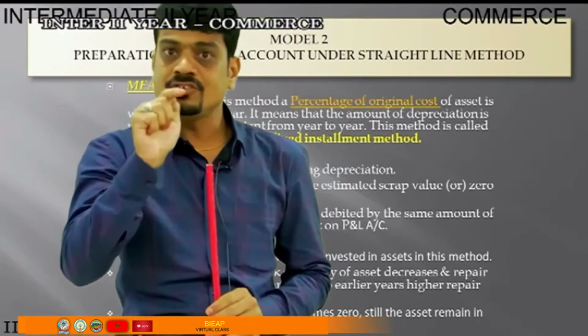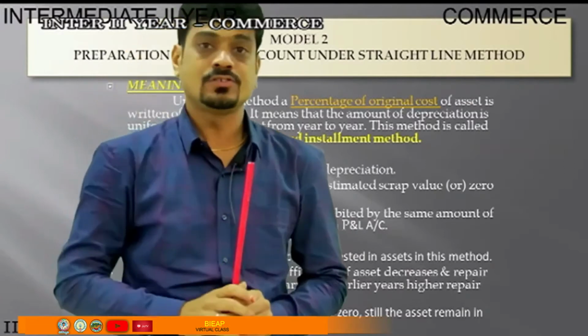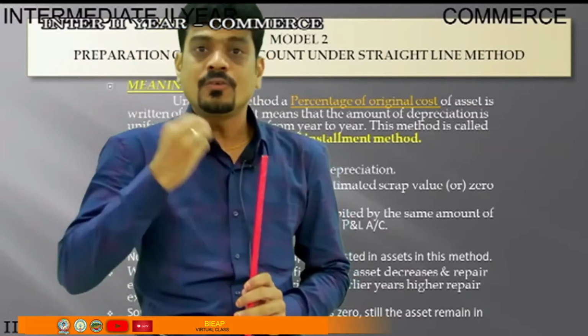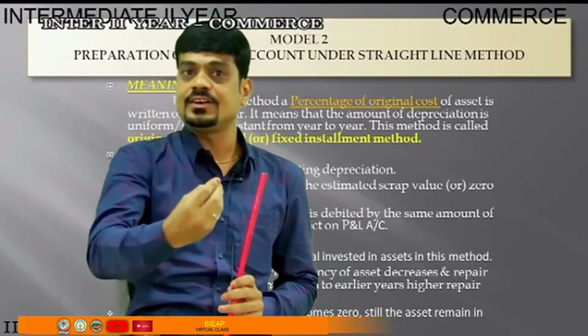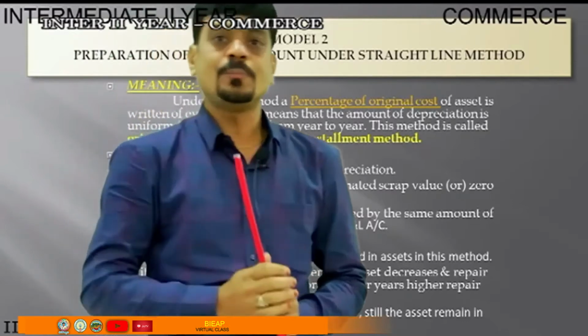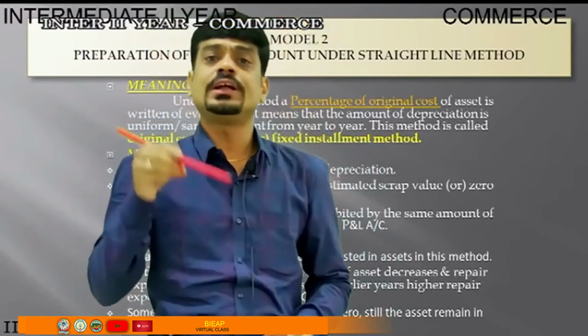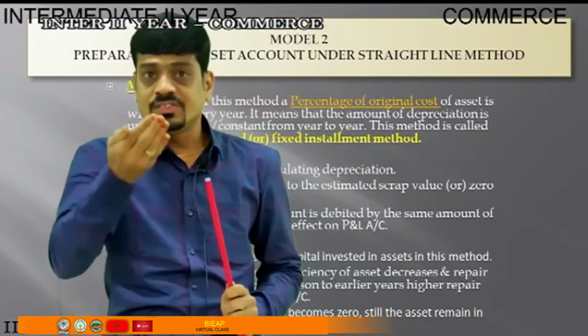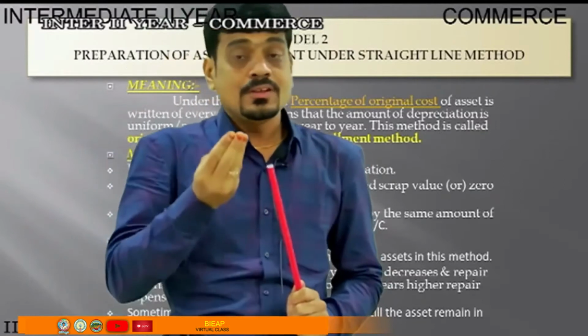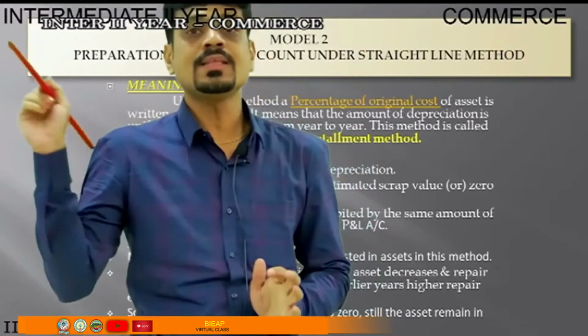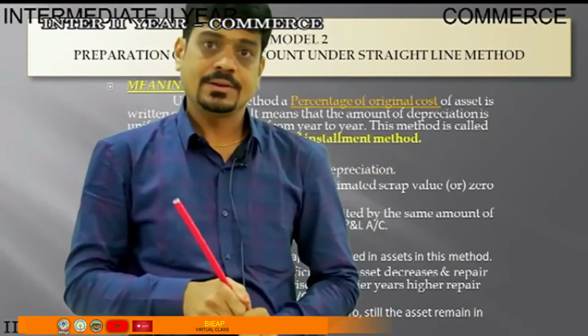Now some of them, instead of using cash, they use bank also. When we use bank, for example, if you are purchasing asset by issuing a check, you can use bank. There is no hard and fast rule that only cash should be paid. Since we are in the digital world, majority of transactions we do with bank. So we can write even bank.